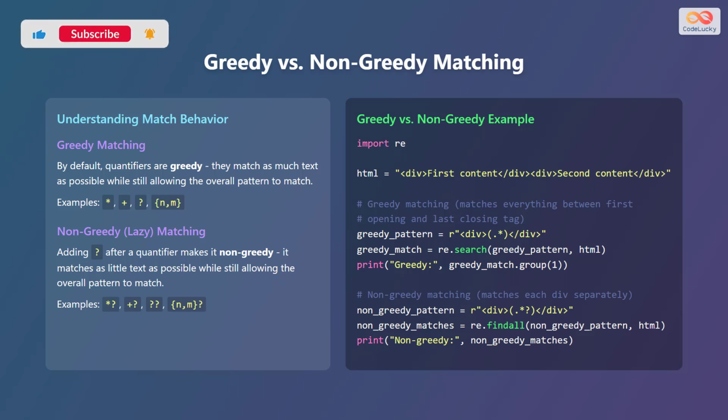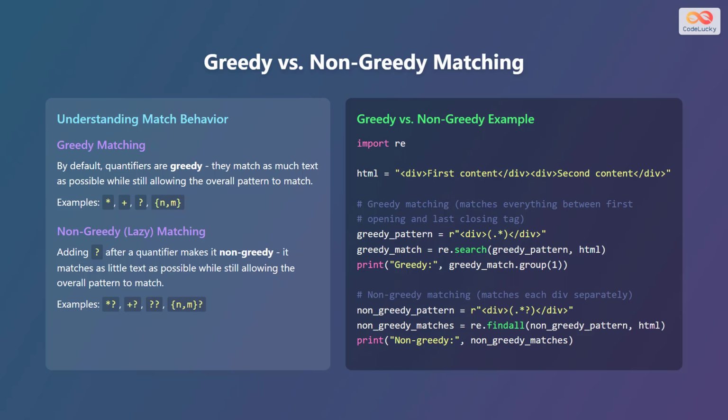*?, +?, and {n,m}?. Here is an example demonstrating greedy versus non-greedy matching. First, we import the re module. Next, we have an HTML string: <div>first content</div> and <div>second content</div>.